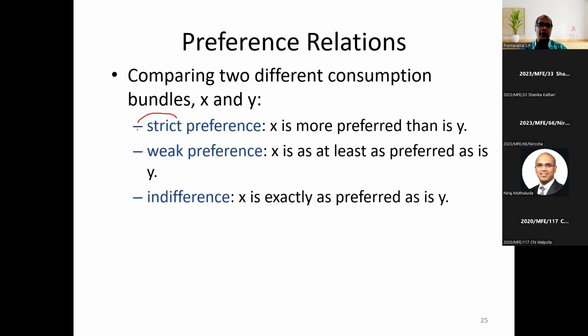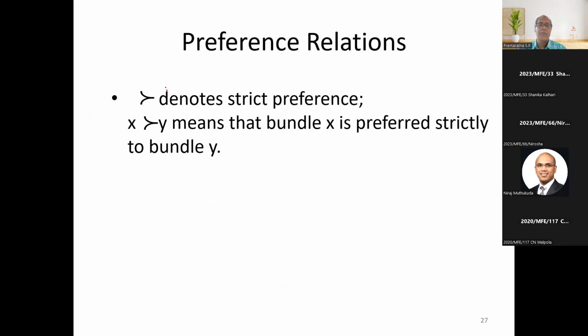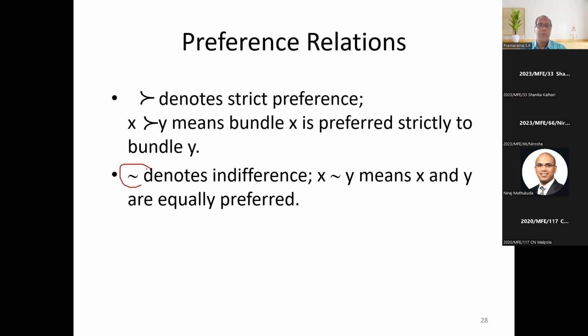Also we try to understand strict preference, weak preference, and indifference. Different symbols are used for these concepts. If you use this symbol, we call it strict preference, which means X is strictly preferred to bundle Y. Take two baskets, let's say Y and X. That particular consumer strictly prefers X. If you use this symbol, that's called indifference, which means whatever basket, X or Y, you buy, there is no preference; as a consumer you get the same satisfaction from both.